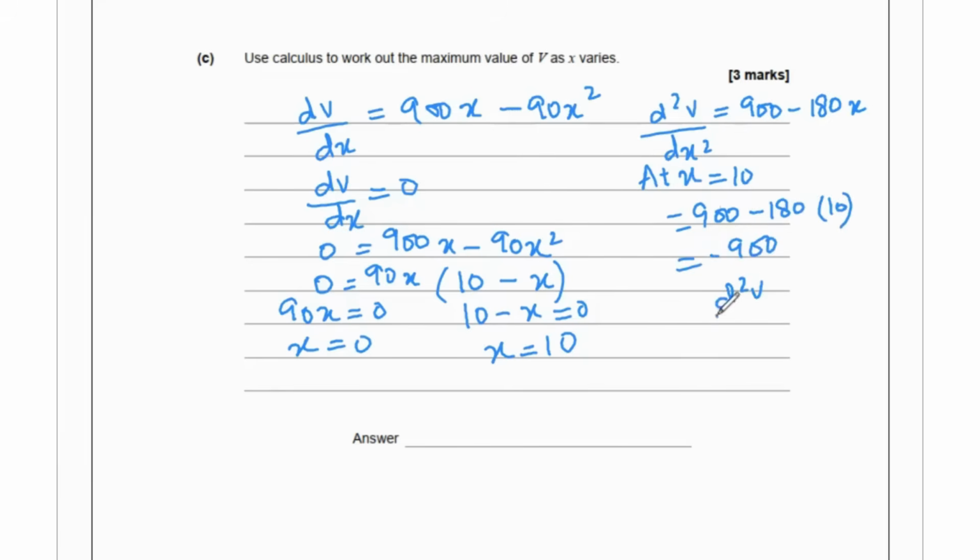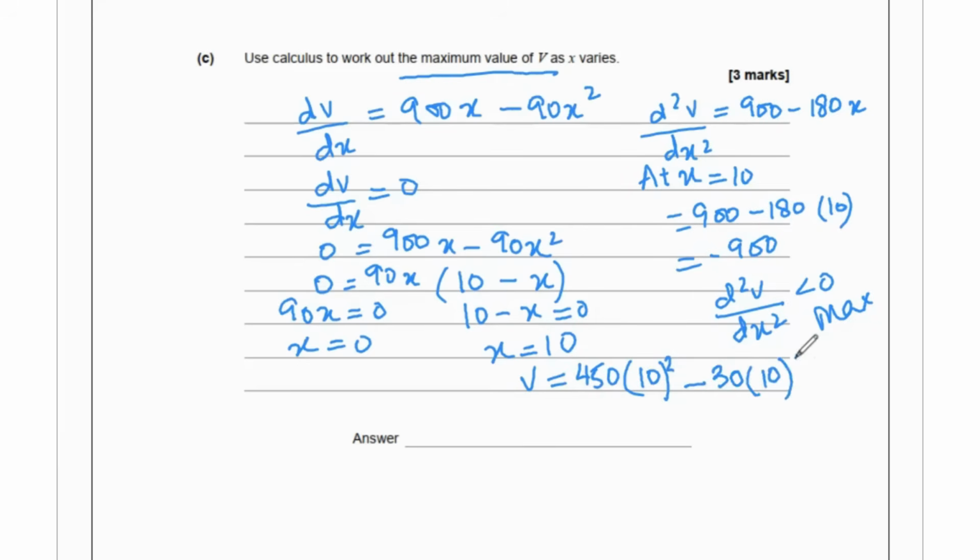Since d squared V over dx squared is less than 0, this is the maximum value. So we have to work out the maximum value of V. We will put x equals 10 into the volume equation. So V equals 450 times 10 squared minus 30 times 10 cubed. That's going to give us 15,000 centimeter cube. That is your maximum value of V.